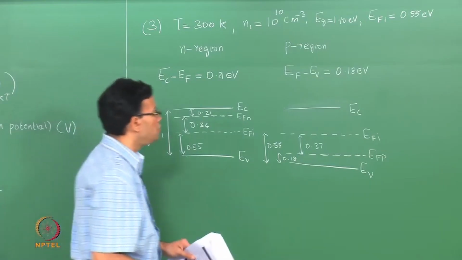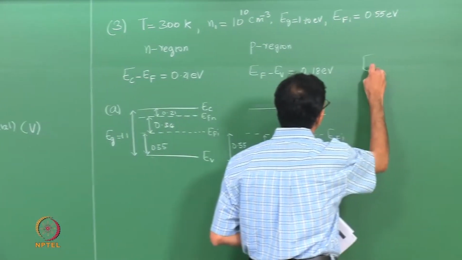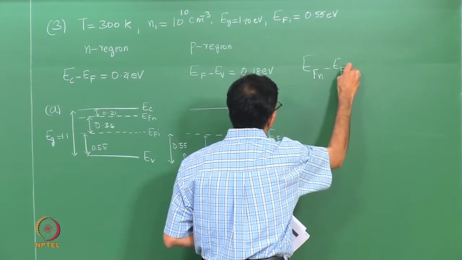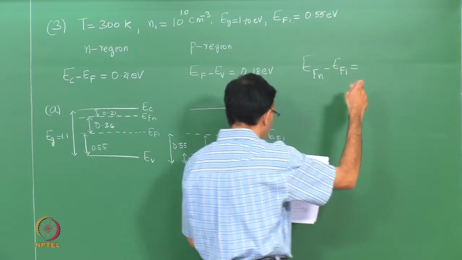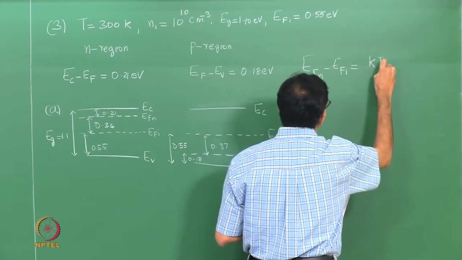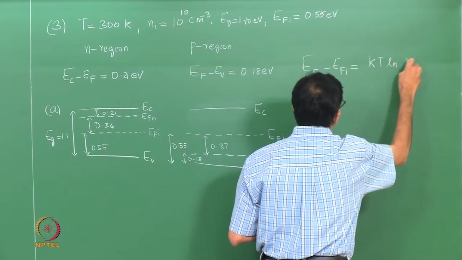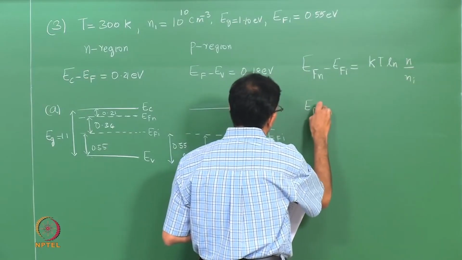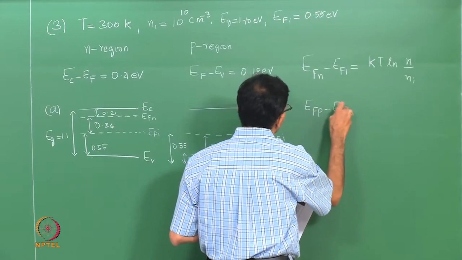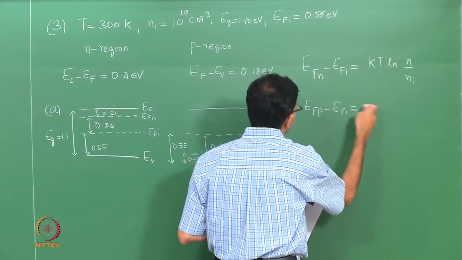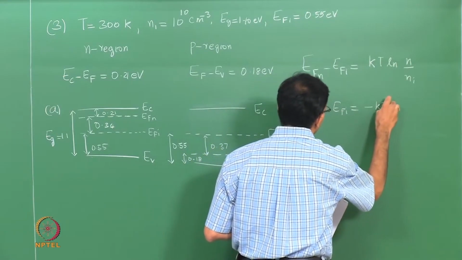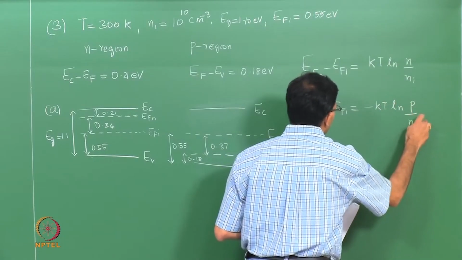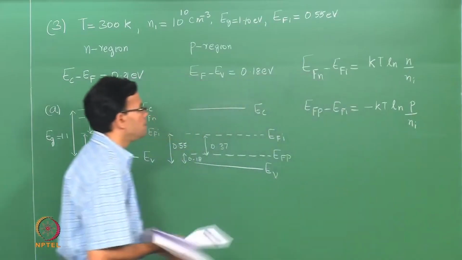So, that we can do by basically using the formula EFn minus EFI is kT ln n over Ni, and EFP minus EFI is equal to minus kT ln of P over Ni.